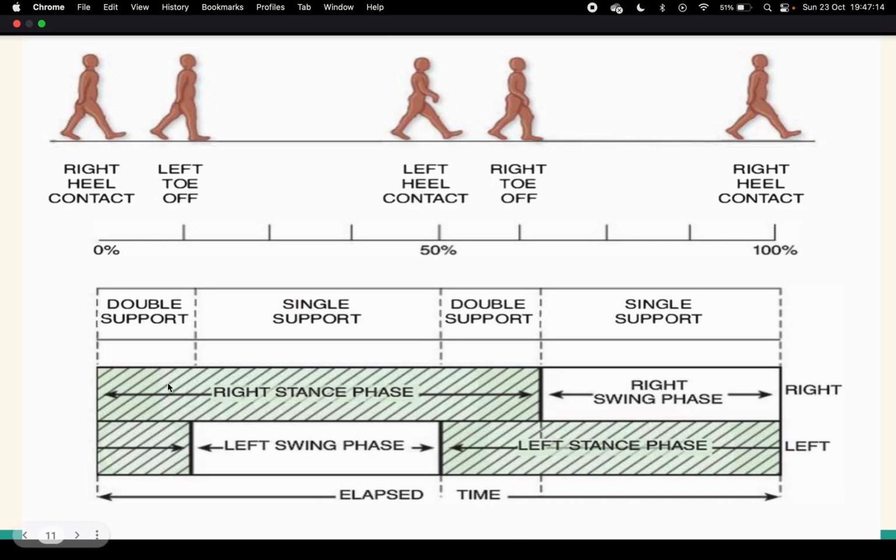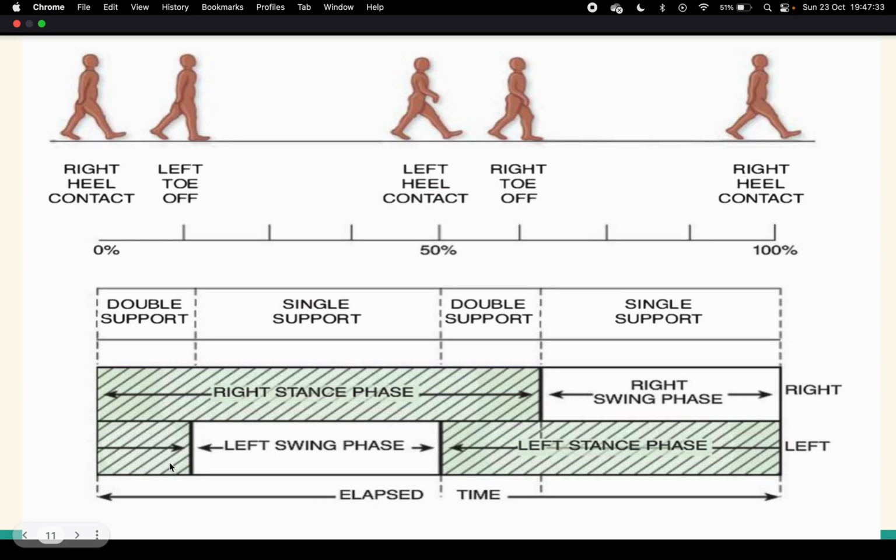Out of this stance phase, there is also a double support phase, a single support phase, and again a double support phase. Suppose the right leg is in the stance phase, that means it is in touch with the floor.